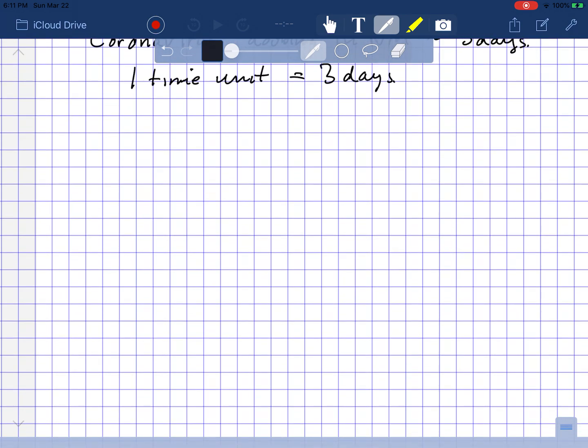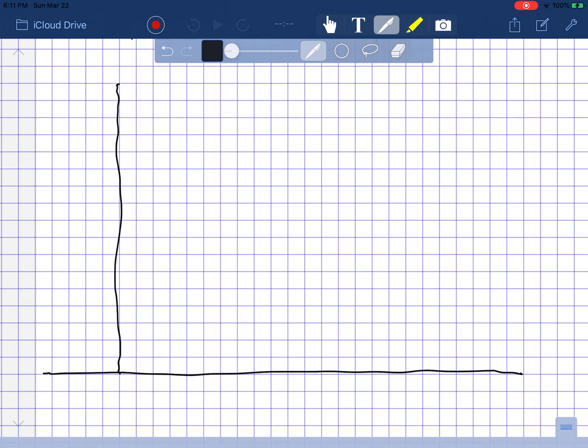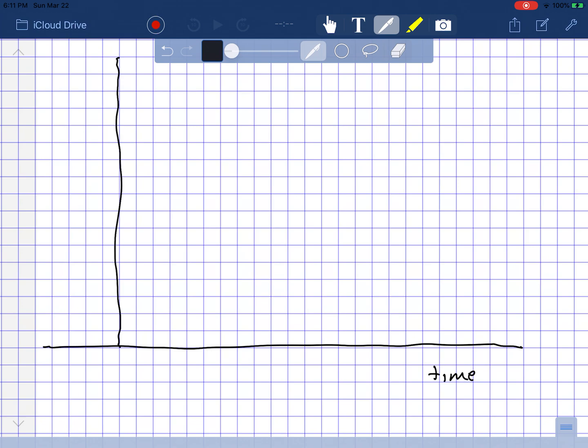Okay, so here we have time, or time units down here. And over here, the number of detected cases. And suppose at day 0, when they first started testing, we had only one case being detected.